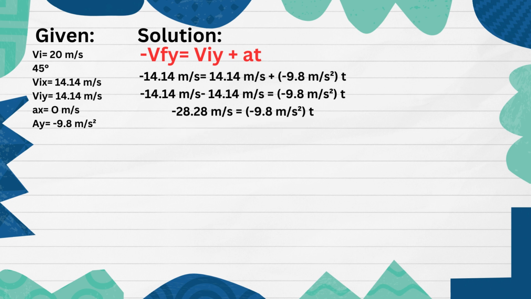Then we are going to divide it by 9.8 to cancel out the 9.8, and then divide it.